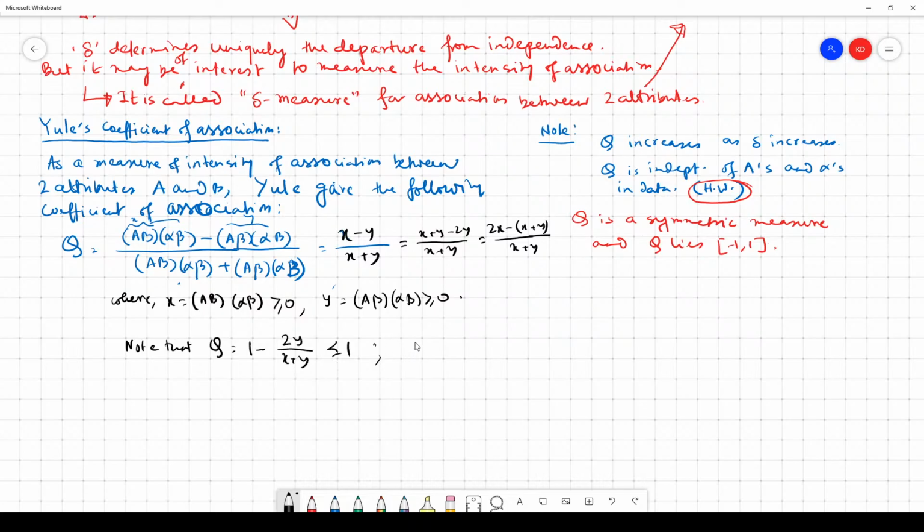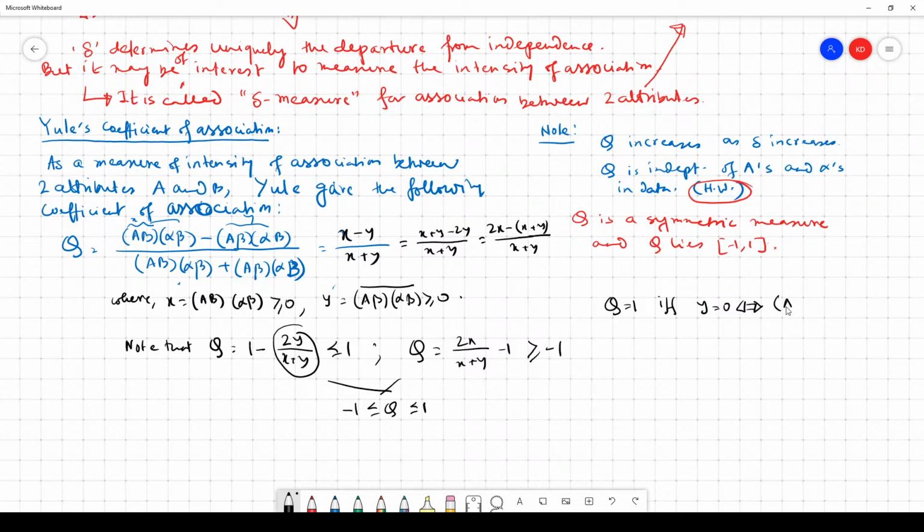Similarly, I write Q as 2X by X plus Y minus 1. X and Y are both non-negative, so this is greater than or equal to -1. Combining these two, Q lies between +1 and -1. Q equal to 1 means Y should be 0, so A beta alpha B equal to 0.